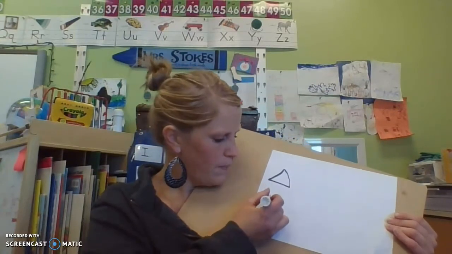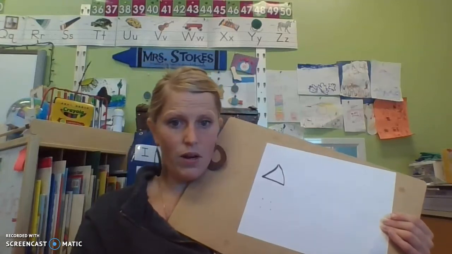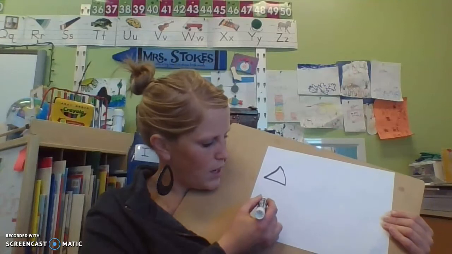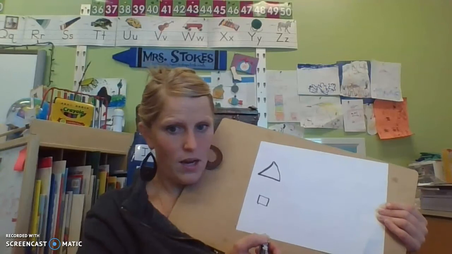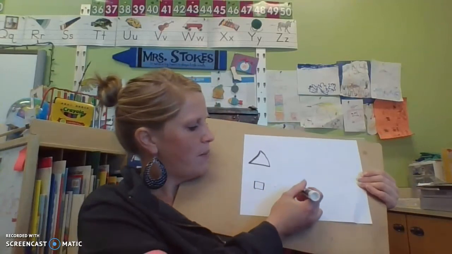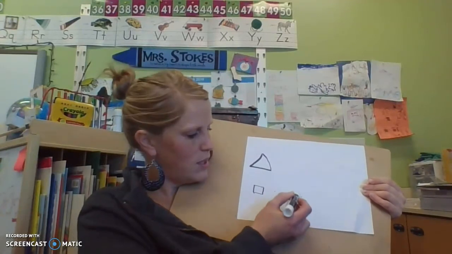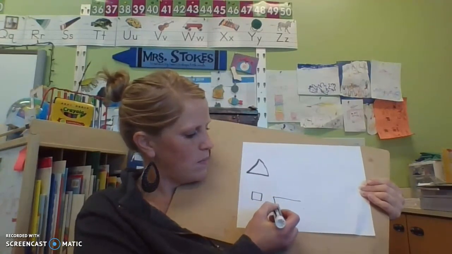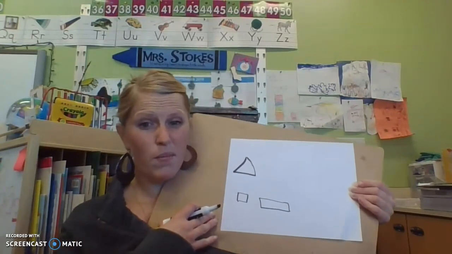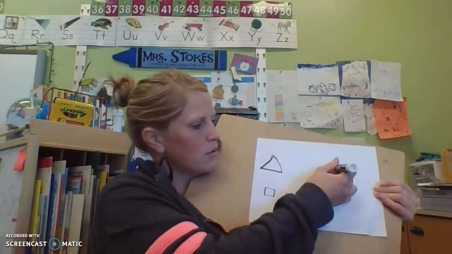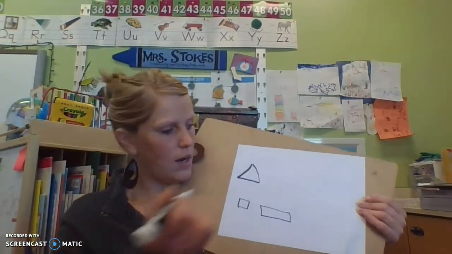If I want to make a square or a rectangle, my square, right, they're equal sides, so I space them equally, and then I connect my 4 vertices to make sides. If I want to make a rectangle, I make sure I have 2 long sides, 2 short sides, so I still have my 4 vertices, and then I connect them. And finally, for my tricky one, my hexagon, I make like a rectangle with my dots.